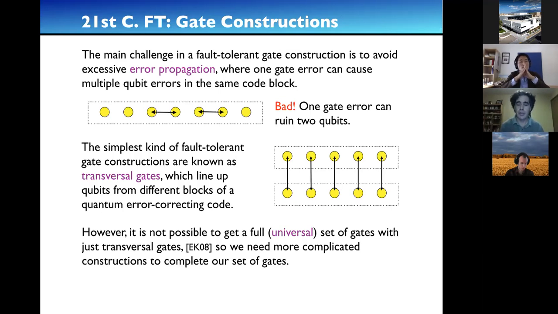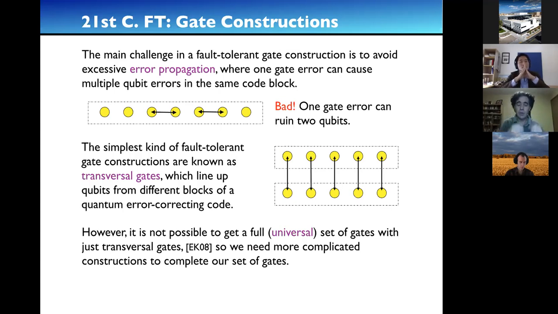Well, the main thing that we have to worry about here is error propagation. So what do I mean by that? Suppose we do a 2-qubit gate interacting 2 separate physical qubits of this computer. Well, first of all, if there's an error during the gate, that could mess up both of those qubits. But moreover, even if the gate itself is perfect, if there's an error in one of those qubits, it can propagate along the gate into the other qubit involved in the gate.